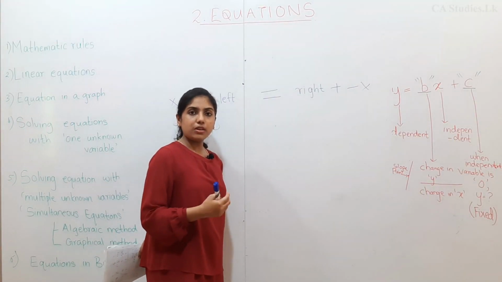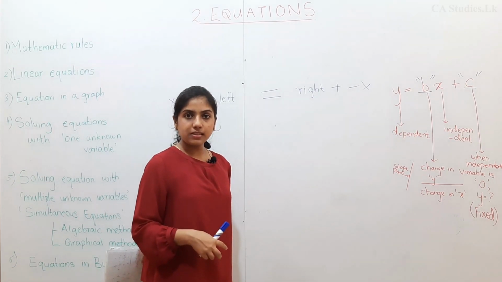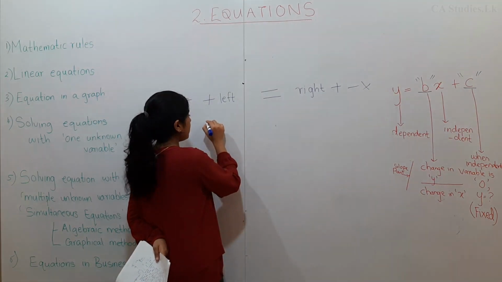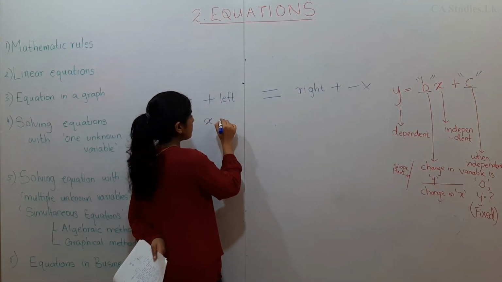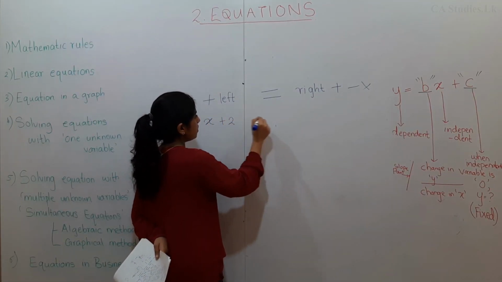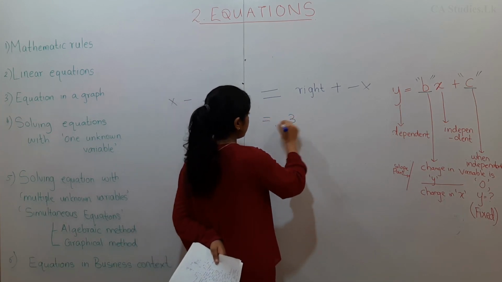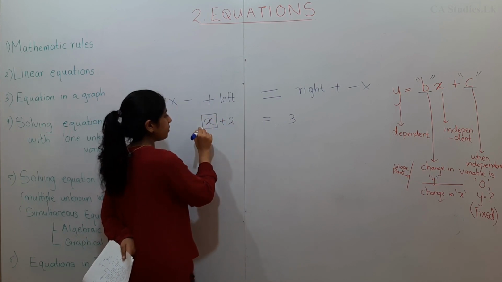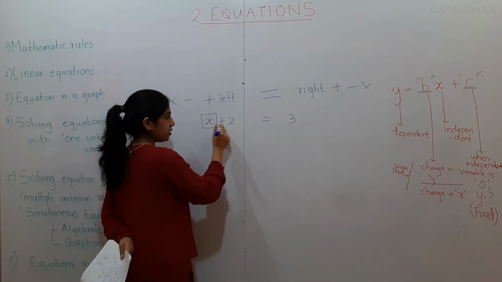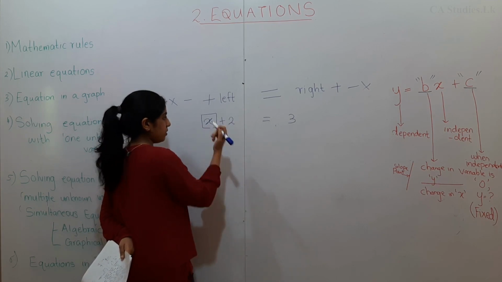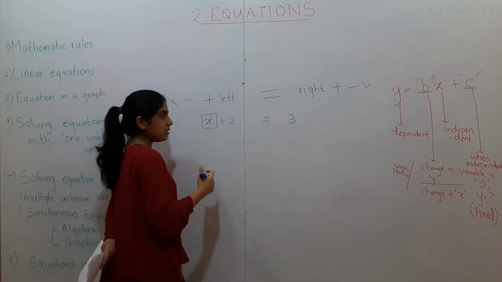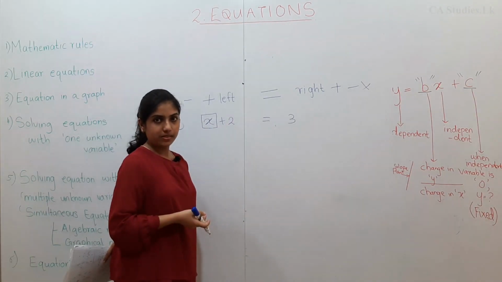If they give the unknown variable on the left side with some other figure, for example, say the unknown is x plus 2 equals 3, so we have to find x, this is the unknown. It is attached to another figure. We must detach it, we must remove it. To remove this, the opposite sign rules will apply.